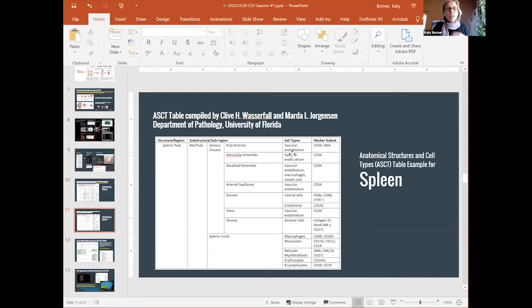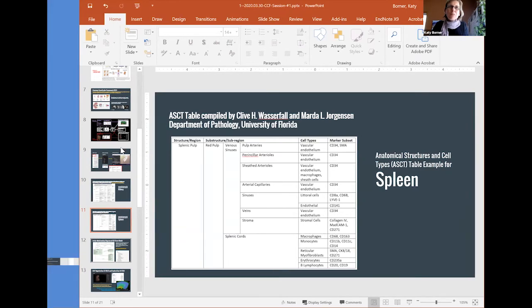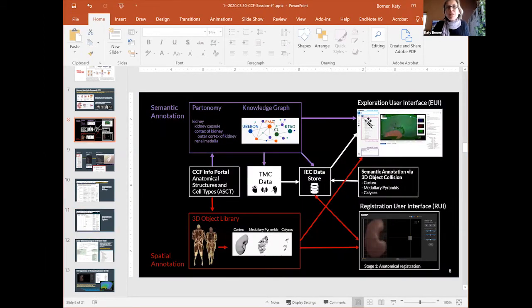But I think if we could see if other consortia have already created these kind of hierarchically nested structures, that would be very useful. So within HubMap, we are planning to have these tables for at least 5 organs over the next year, so by the end of this year. And again, this is very central for anything we do, because ultimately it is used in the exploration user interface. This is actually the table here, which you use to browse into anatomical parts.